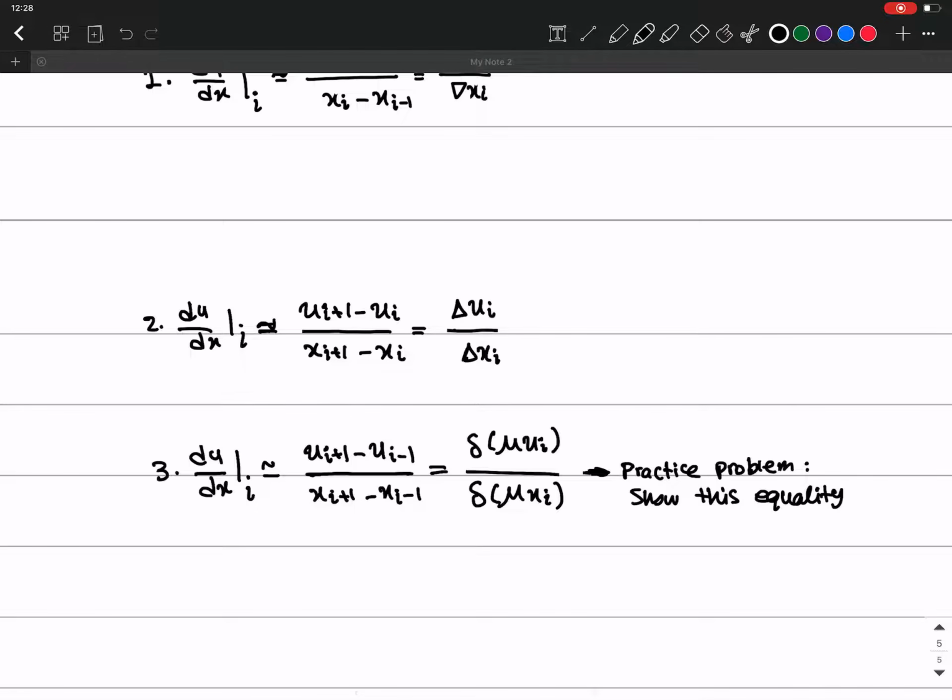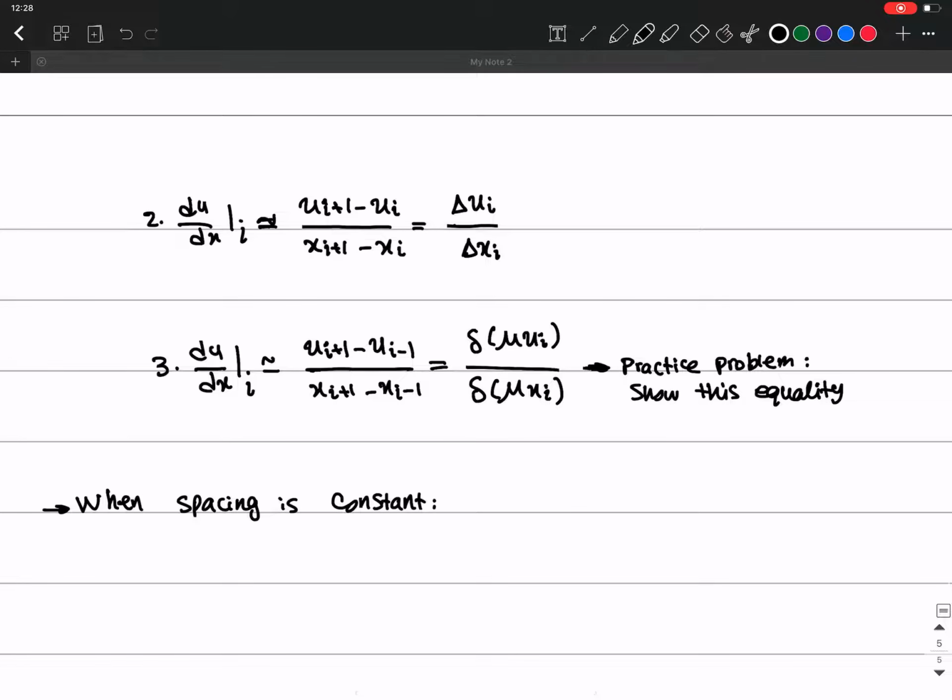The other thing we can say is that when the spacing is constant, all of these operators, backward, forward, and central, are going to have the same distance.